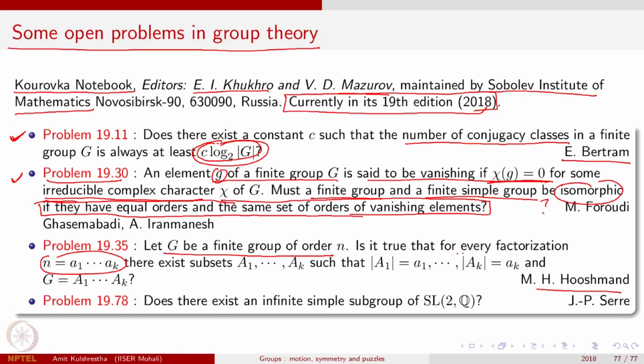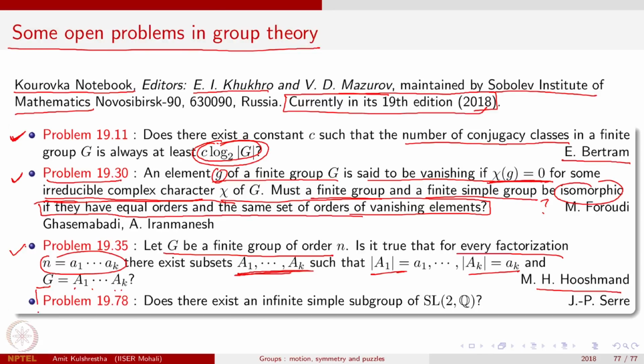Is it true that for every factorization you can find subsets A1, A2, ..., Ak of the group such that A1 has size a1, A2 has size a2, Ak has size ak, and every element of G can be obtained as some element of A1 times some element of A2 times some element of Ak? Again, it sounds quite an interesting problem.